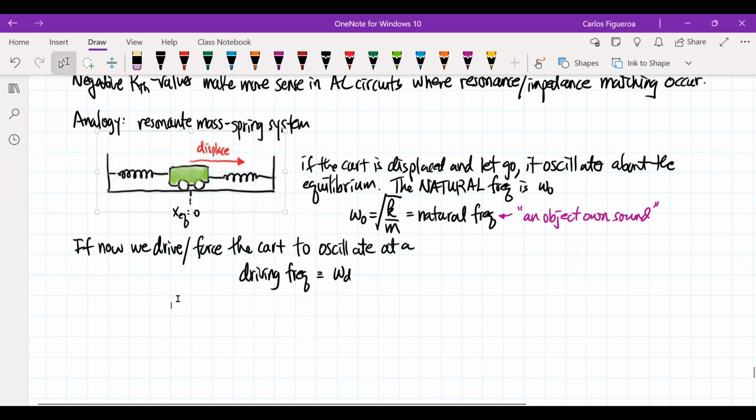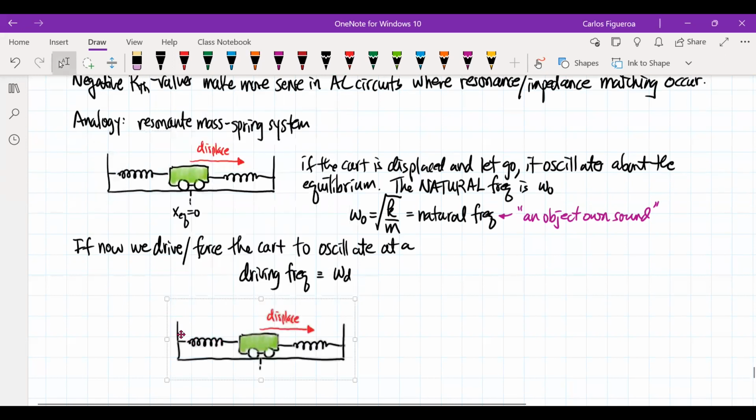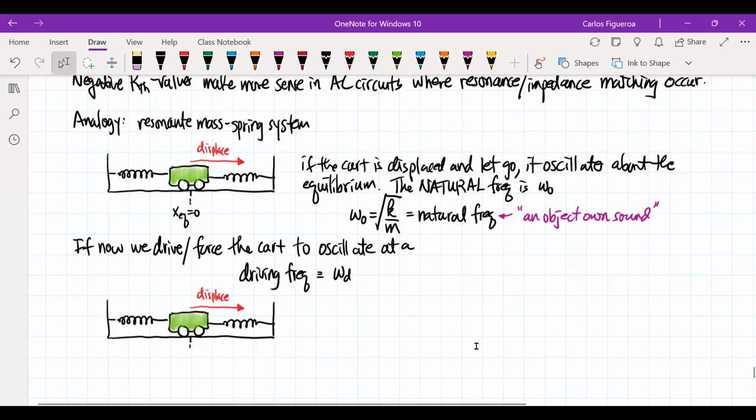Now I'm going to place my cart system here, and I'm going to add an oscillating arm.